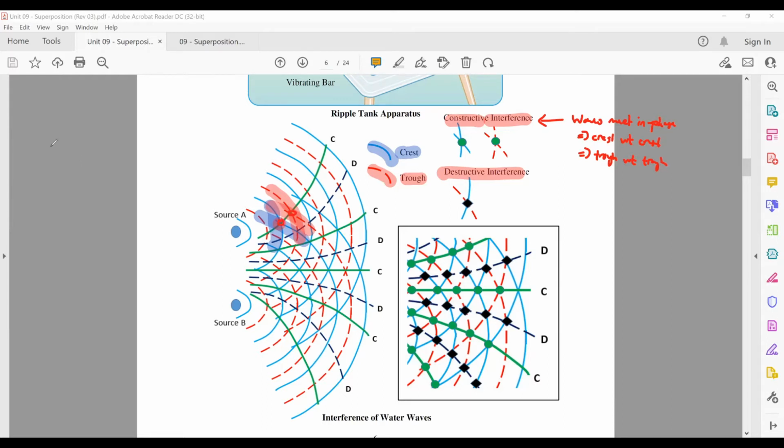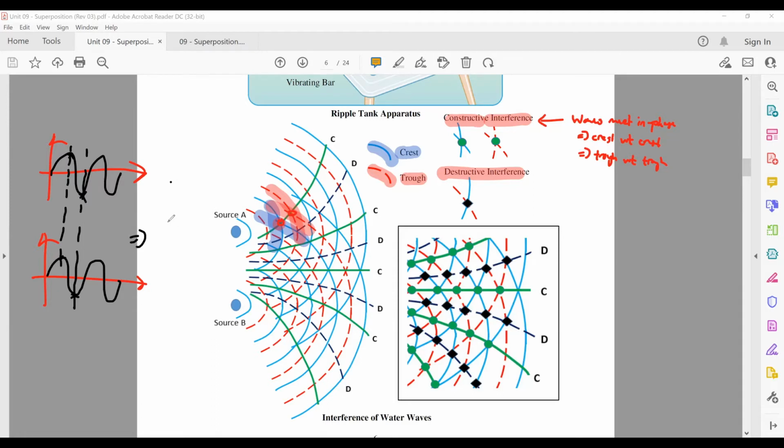If I try to draw for you constructive interference, it generally looks like this. A crest will meet with a crest, a trough would meet with a trough to give you a new wave of even bigger amplitude.